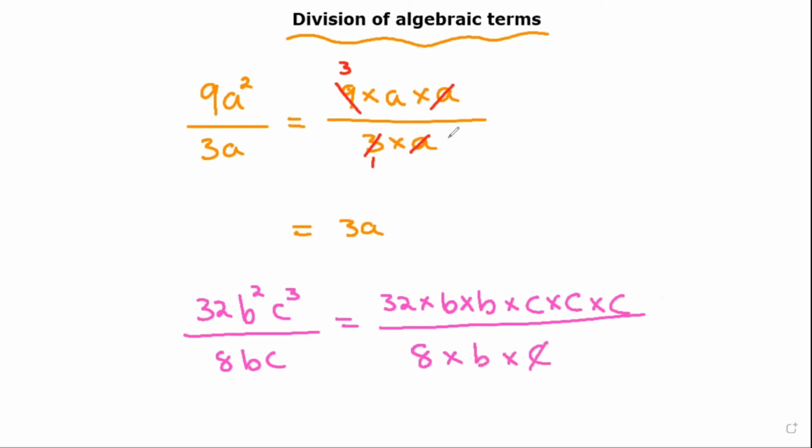This 1c could cancel this 1c, this 1b could cancel this 1b, 8 could go into itself once, and 8 could go into 32 4 times. So everything in the bottom cancels out, and just at the top we're looking at the result. So 4 for sure as a number, and the letters: we have 1b remaining, so that's b. We have 2 c's remaining, so that will be c squared. And that's basically the concept behind it. I think it's rather straightforward.